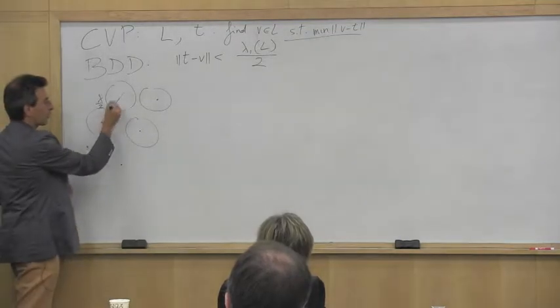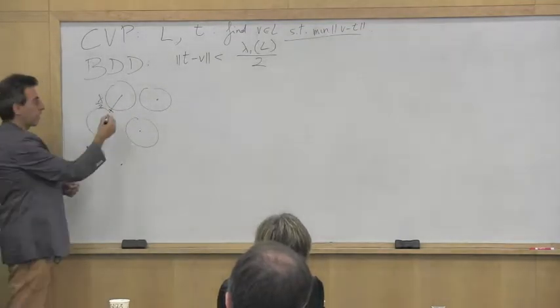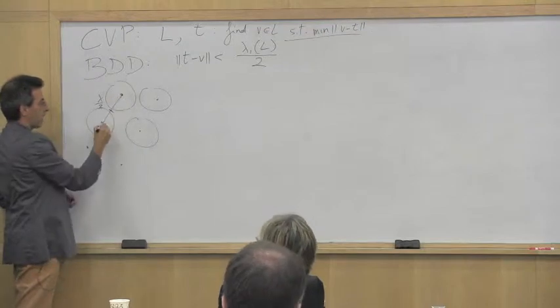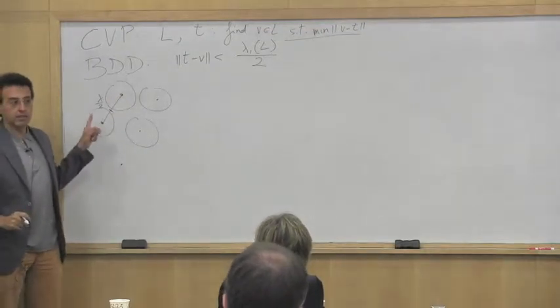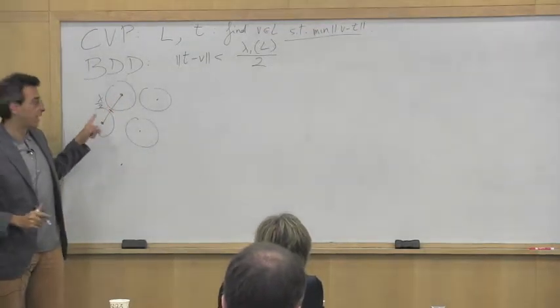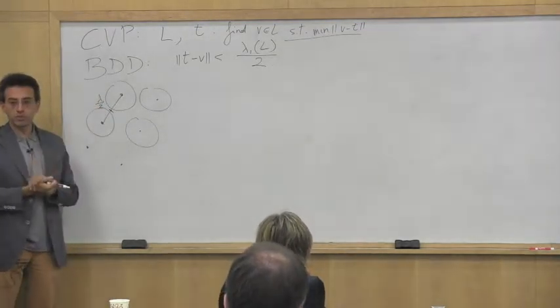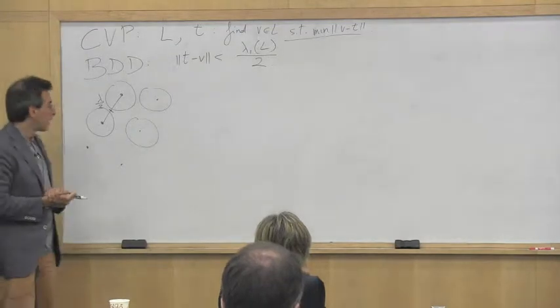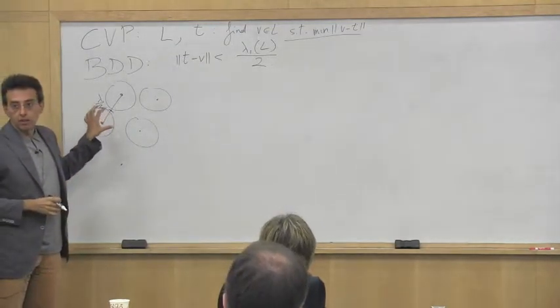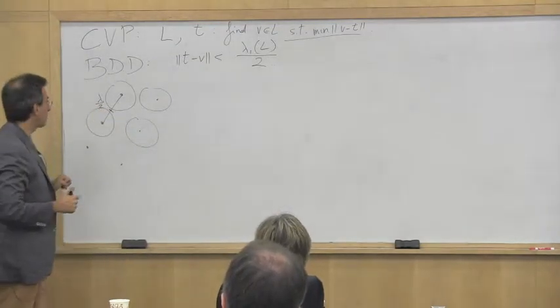So if I give you a point in the intersection of the two spheres, the closest point could be either one or the other one. But as long as the distance to the lattice is less than lambda 1 over 2, then the solution is unique because the spheres are disjoint. So this is the problem that I'm going to solve efficiently.